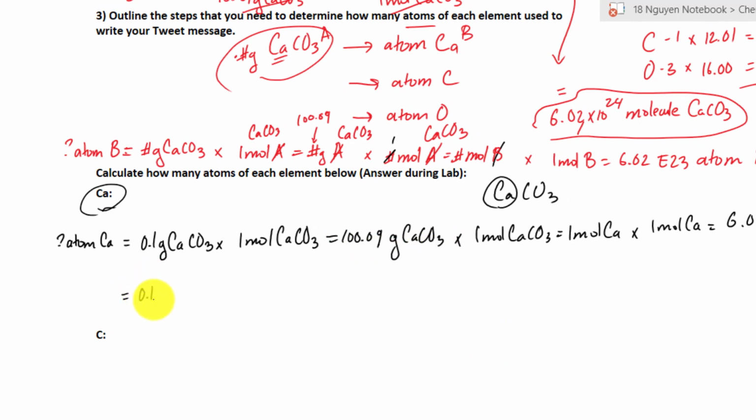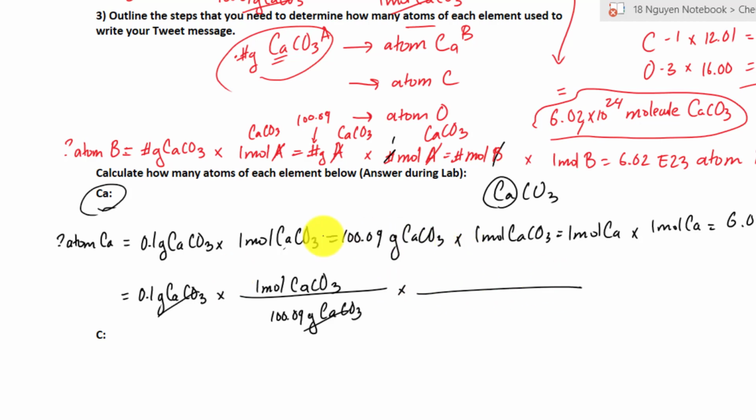So in this case, 0.1 grams of calcium carbonate times, if this is grams of calcium carbonate, down here must be grams of calcium carbonate as well, which is 100.09 grams of calcium carbonate. On top will be the leftover, the other measurement, 1 mole of calcium carbonate. And this cancels out.